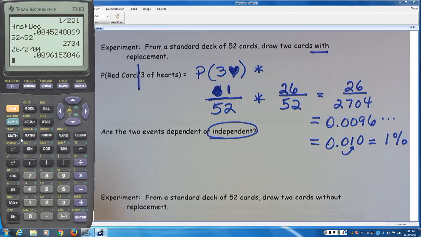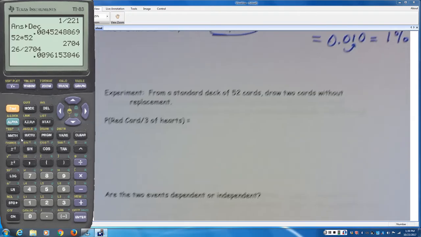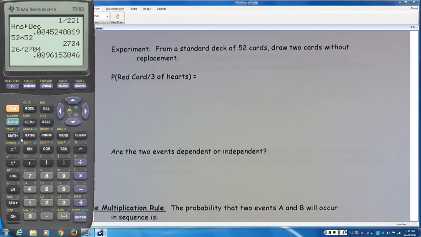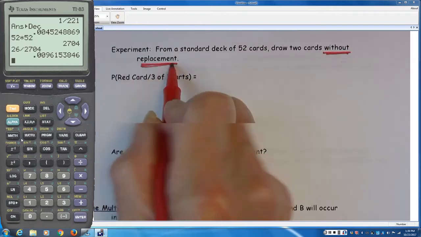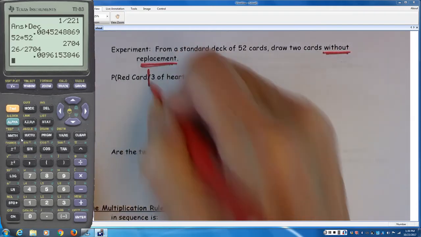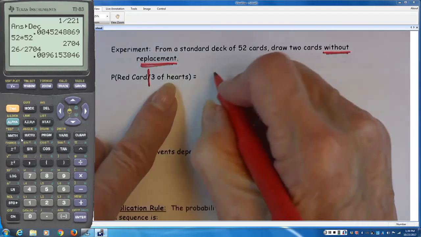Now, same situation, except this time we're not going to replace. So the probability of the 3 of hearts is still what?